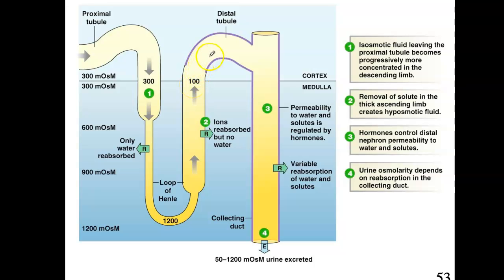And now, in this area of the distal tubule and collecting duct, notice how it's in purple here. Hormones are going to have their effect. So they control that distal nephron, and they control the permeability of water and solutes. So we remember that we can still reabsorb this in this region and block the permeability of water. And the blocking of the permeability of water here in the collecting duct is due to the effect of hormones.